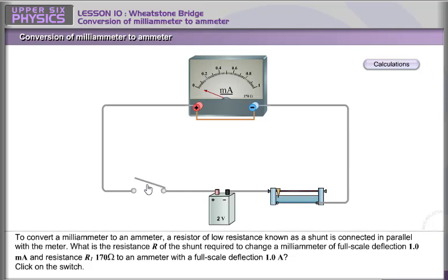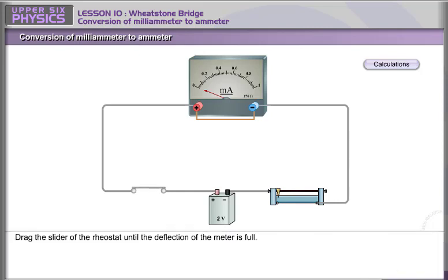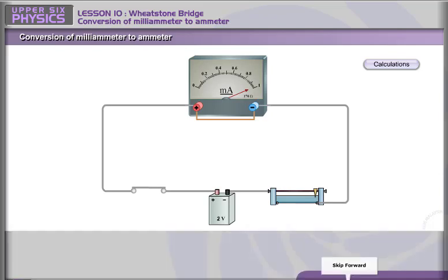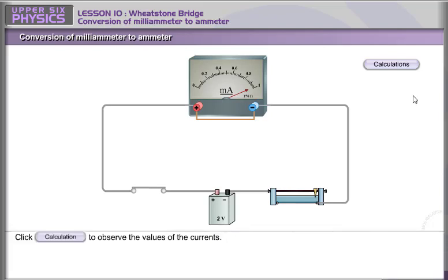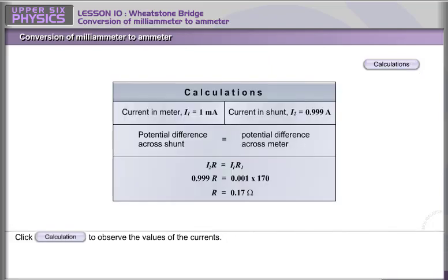Click on the switch. Drag the slider of the rheostat until the deflection of the meter is full. Click the calculation button to observe the values of the currents.